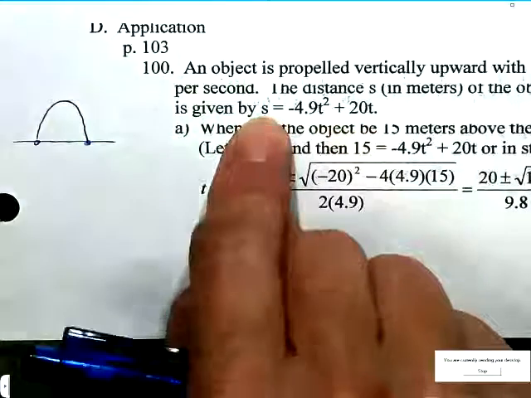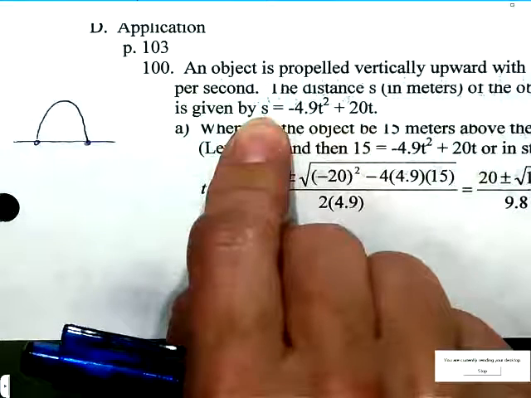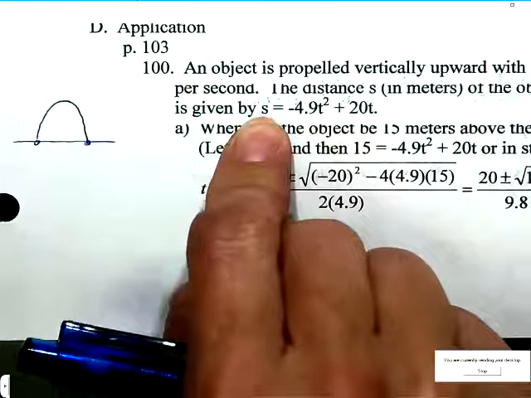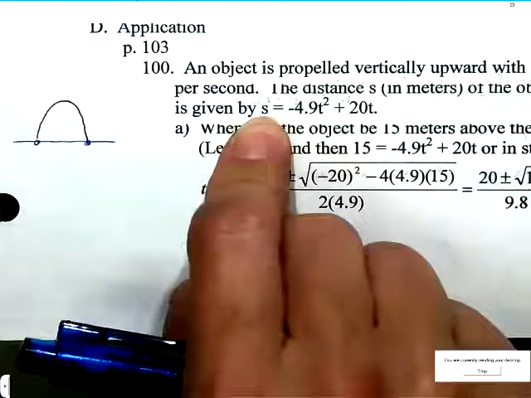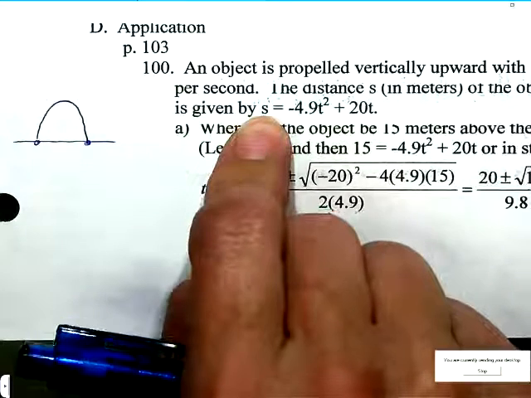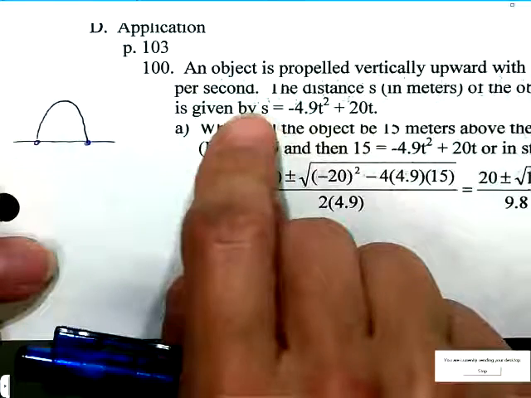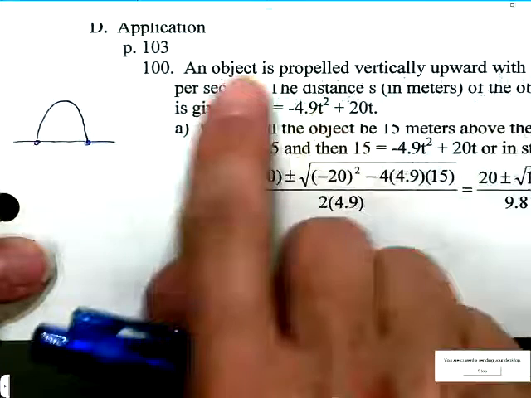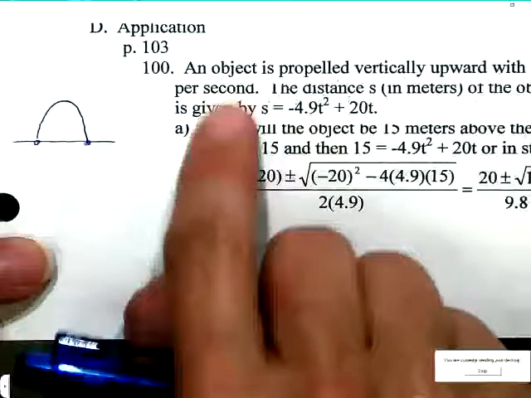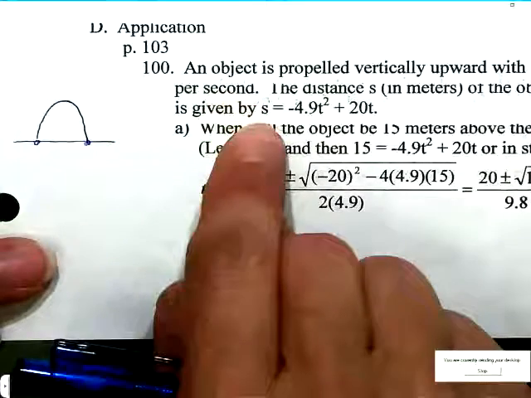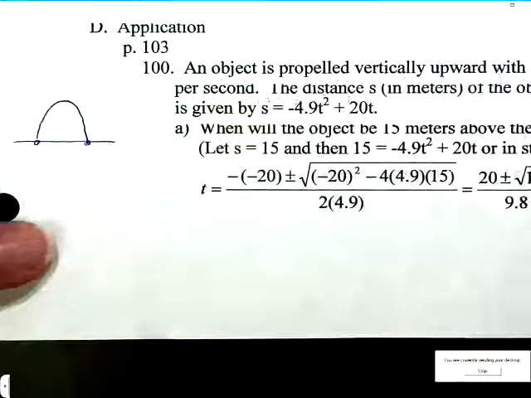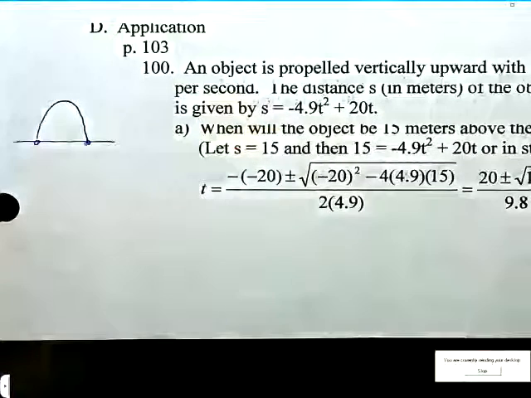And in physics, ask a person in physics, S stands for distance. So if I put a 2 in place of the T and got an answer for that, that would be the distance the object is above the ground, also known as the height of the object.